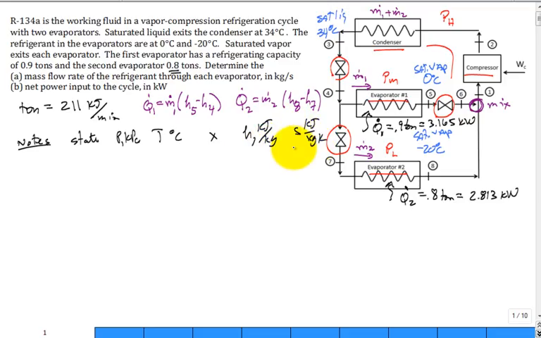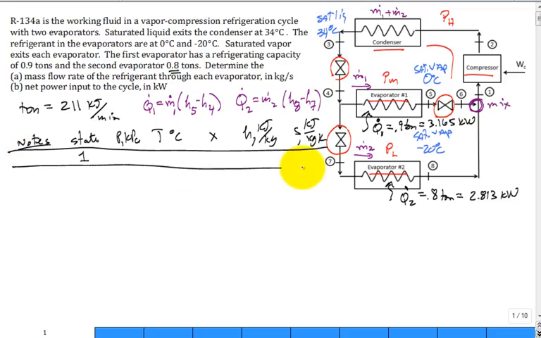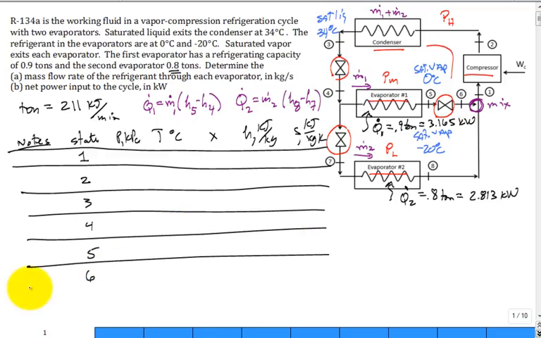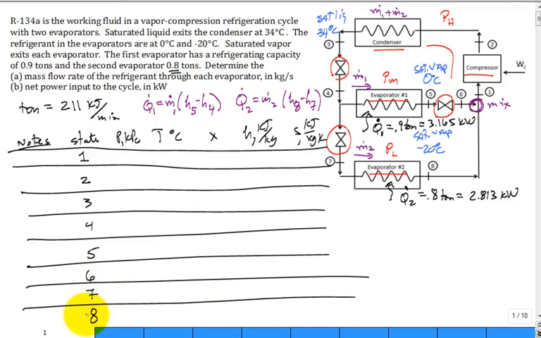So the key properties are enthalpy and entropy, primarily enthalpy. So what we have to do is, how many states? They gave us all the states, true? There's state 1, then there's state 2, there's state 3, 4, 5, 6, 7, and 8.